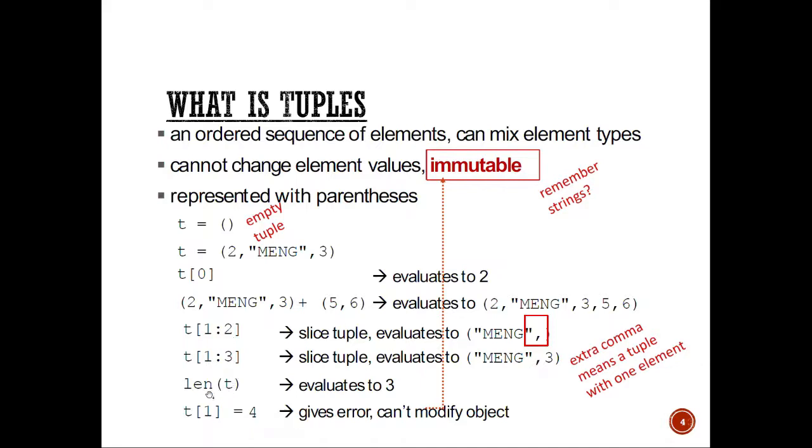We can determine the length of the tuple. However, note here, for example, if we try to assign a new value to an element within the tuple, we get an error. And this is because, as we mentioned earlier, tuples are immutable. That is, you cannot change the element values.